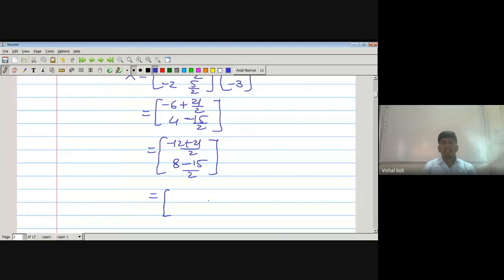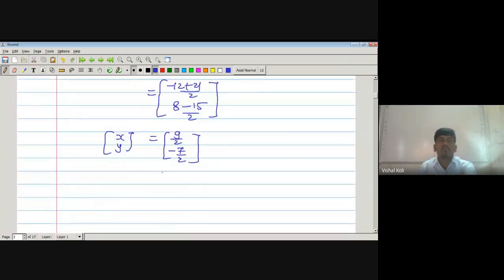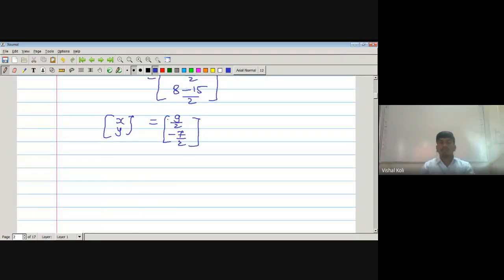So this is minus 12 plus 21, which will be 9 divided by 2, and 8 minus 15 will be minus 7 divided by 2. Therefore X is a matrix of order 2 by 1. Now two matrices are equal if the corresponding entries are equal. Therefore x is 9 by 2 and y is minus 7 by 2.